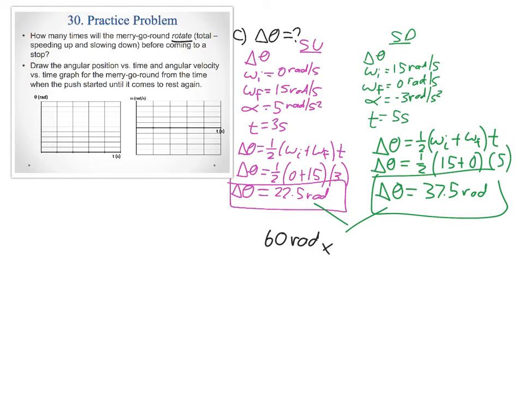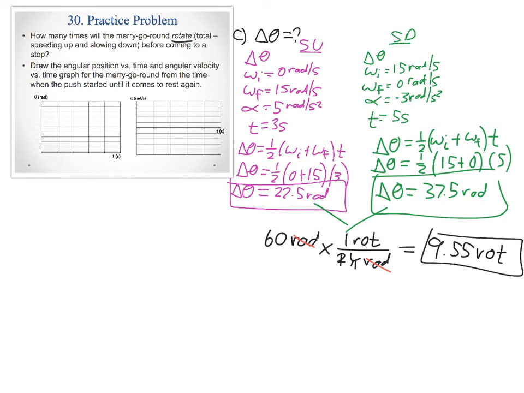So I need to convert. I know that one rotation is 2 pi radians, and so those radians cancel out. What I'm left with is 9.55 rotations, which is the equivalent of 60 radians.